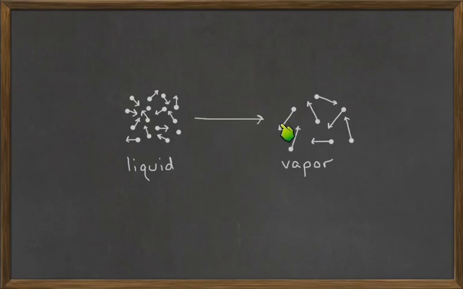And the only way we can do that is if we add energy to our system. And the way we're going to add energy to our system is by extracting some heat from the environment. So in the end, in order to have evaporation occur, we have to extract some heat from our environment to add some energy to these molecules so they can bump themselves up to the higher energy state and become vapor.